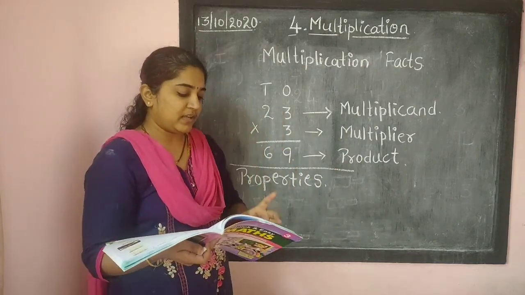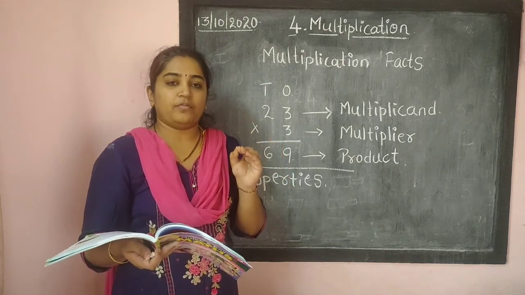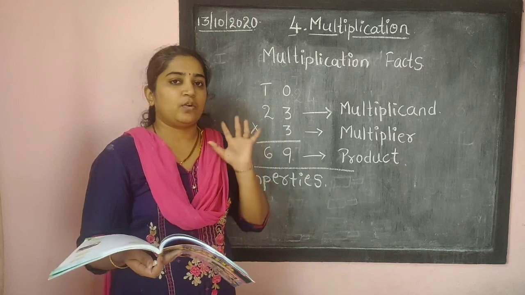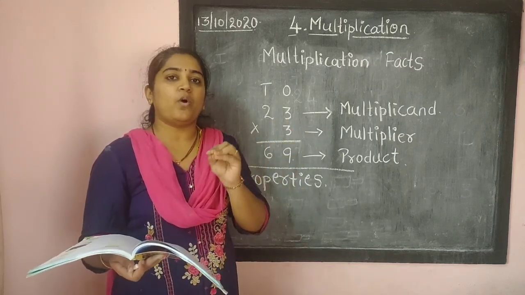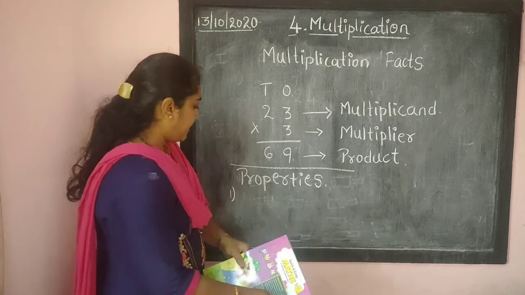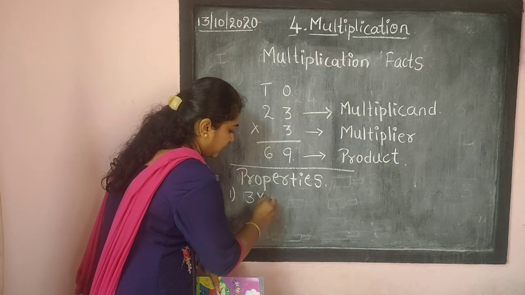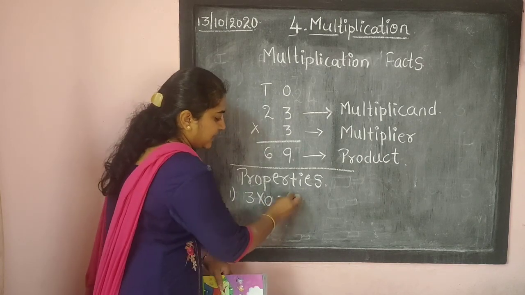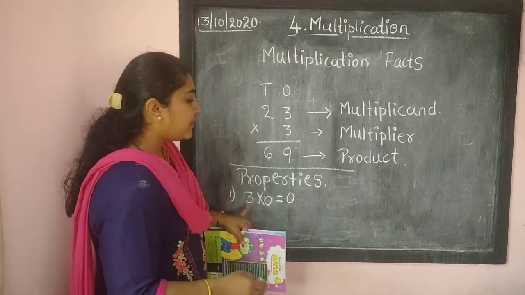The first one is, any number multiplied by 0, we'll get the answer as 0, whatever the number may be. If we multiply with 0, we'll get the answer as 0. For example, if we multiply 3 with 0, we get the answer as 0. This is the first property.